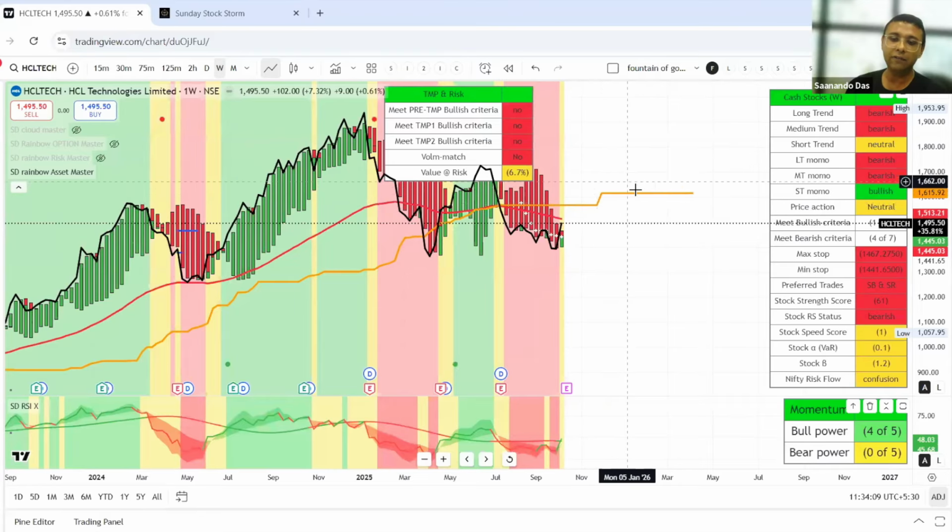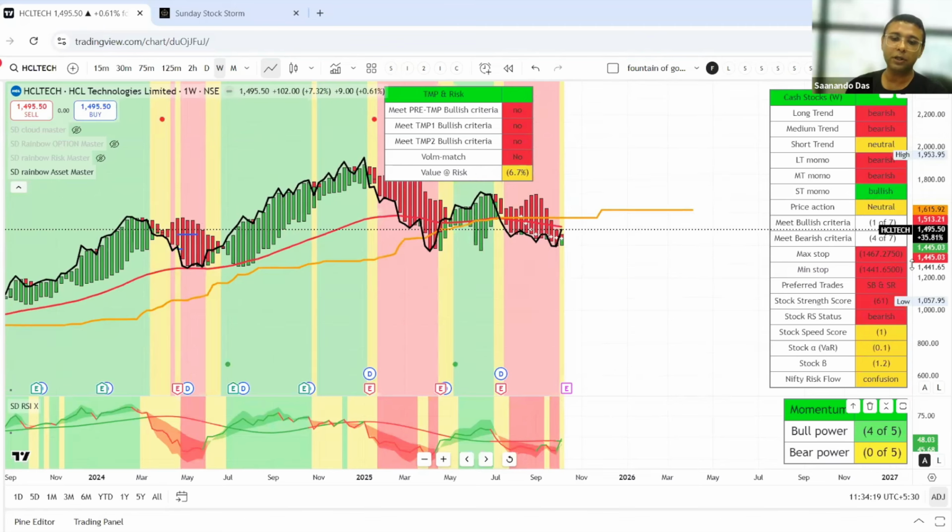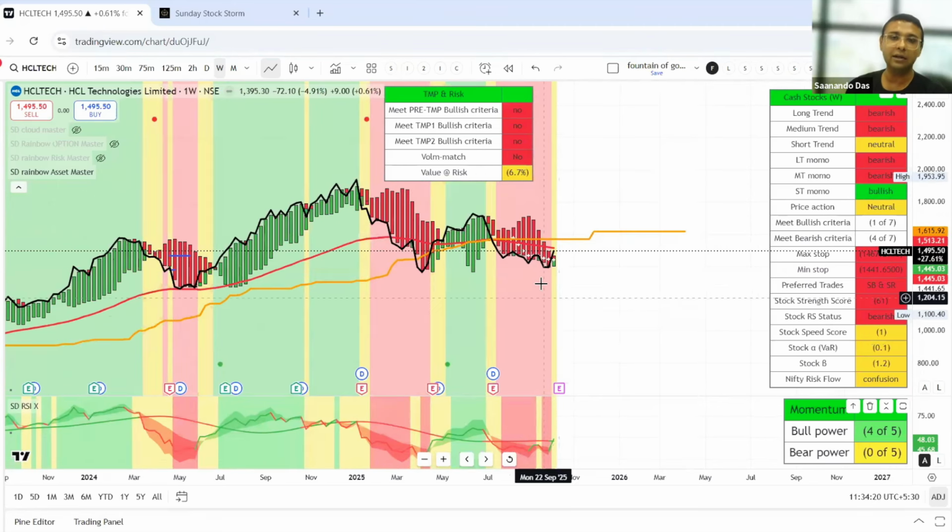Currently, there are heavy resistances, so I will not be very optimistic, though it is coming back from an important area. Not yet super optimistic about HCL Tech. But yes, it is bouncing back. Maybe we'll get some run, but I'm not expecting a big run out of this stock.